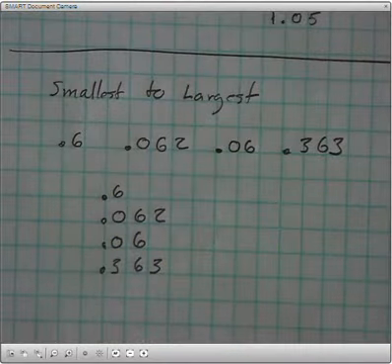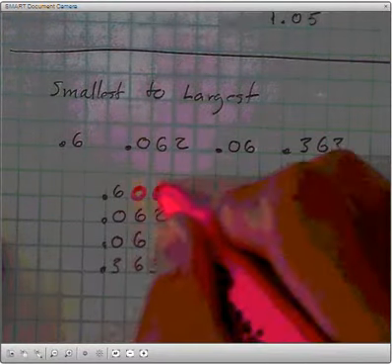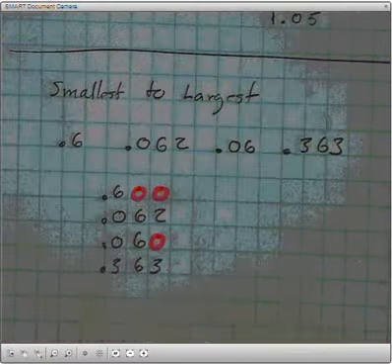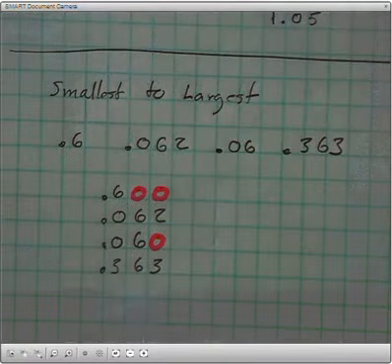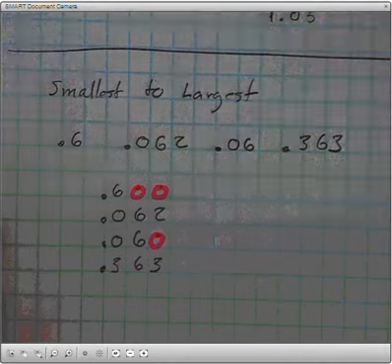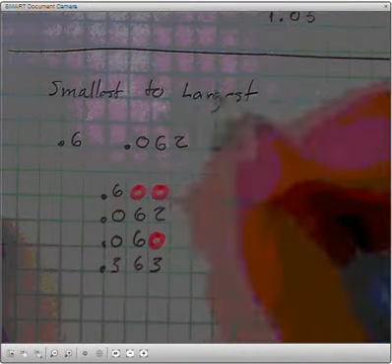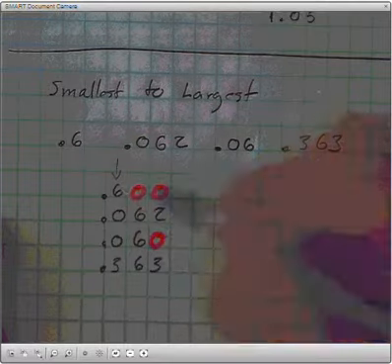Once we have them lined up vertically, then we can put in those placeholders so everything's the same length. Everything's to the thousands place. Now that everything's to the thousands place, we can start comparing them.